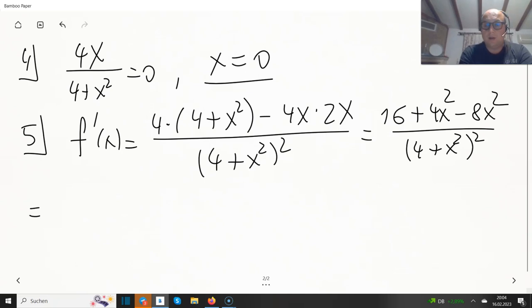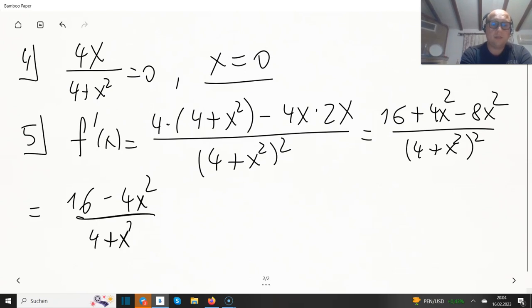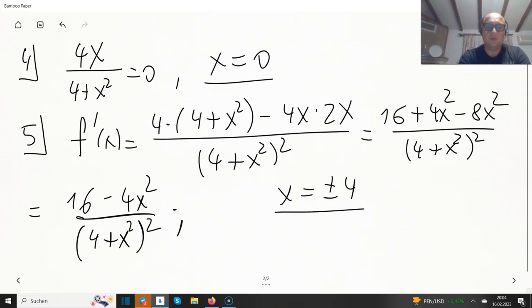So we have 16 minus 4x squared divided over 4 plus x squared, squared. All right. Where is this value equal to 0? Well, obviously, if x is equal to plus minus 4, right? Check it. Seems to be right.